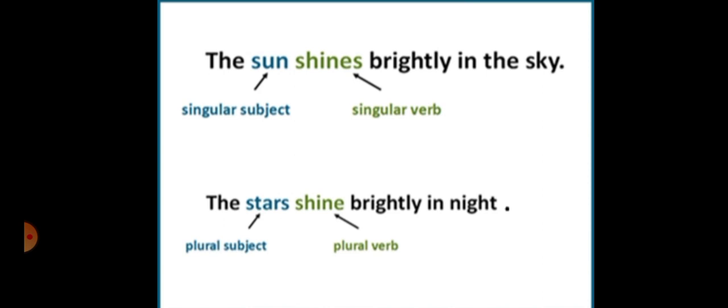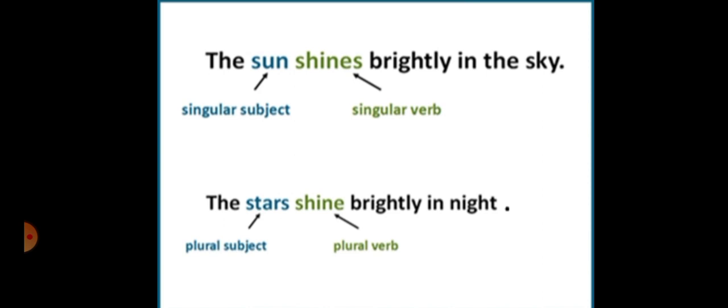Next example, the stars shine brightly in the night. In this sentence, the subject is stars and it is plural. As we can see, s is added to that, making it plural. And the verb in this sentence is shine without s.